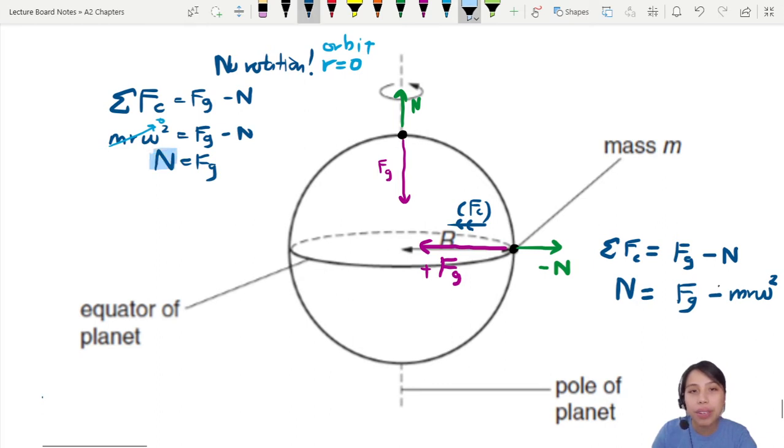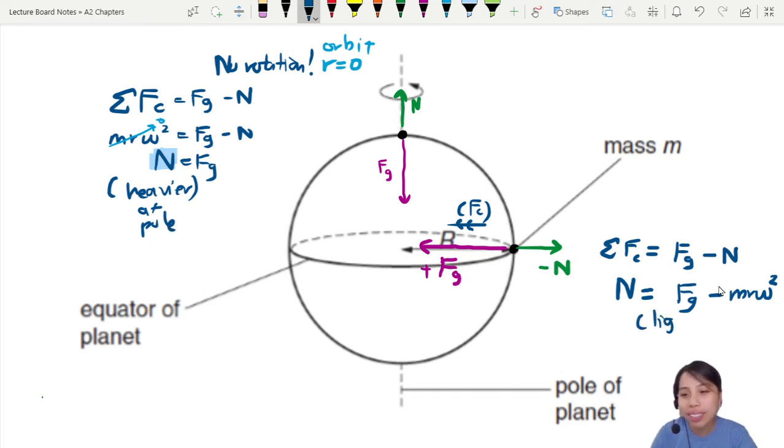If you sit on the scale, you would be heavier. You are heavier at the pole. So weird. Then if you are at the equator, you are a bit lighter. You're like, hey, I lose weight. No. It's just physics at work. You are lighter at the equator.